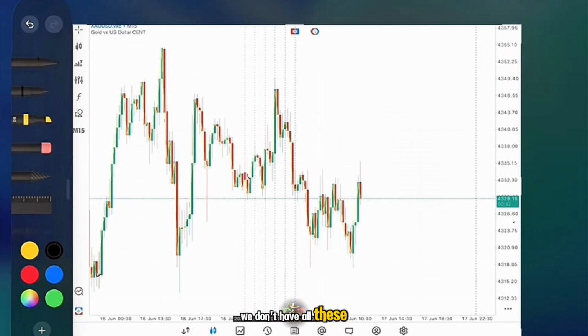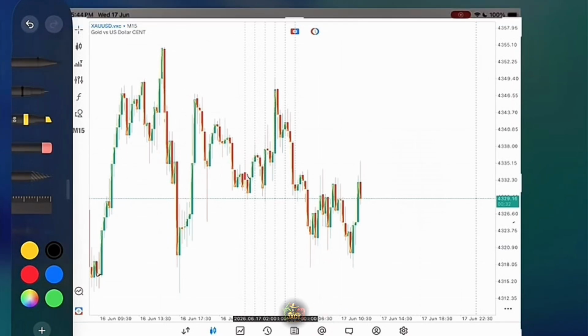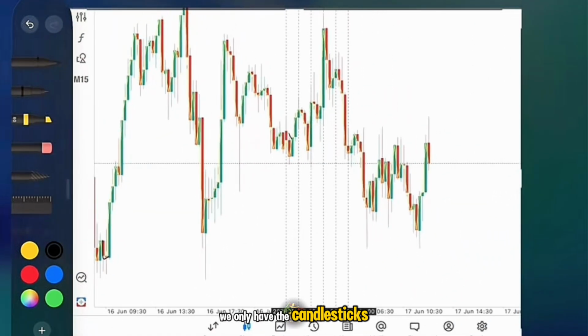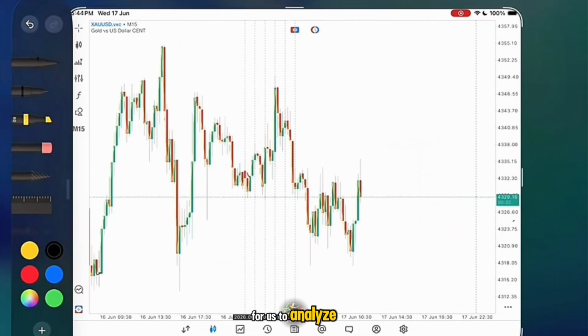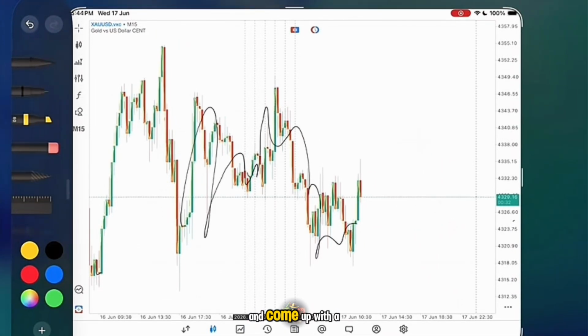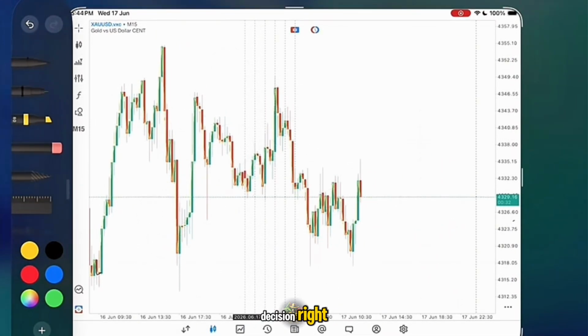We don't have all these fancy tools, right? We only have the candlesticks for us to analyze and come up with a decision, right? Okay. In that case, what we can use, alright? Volume.